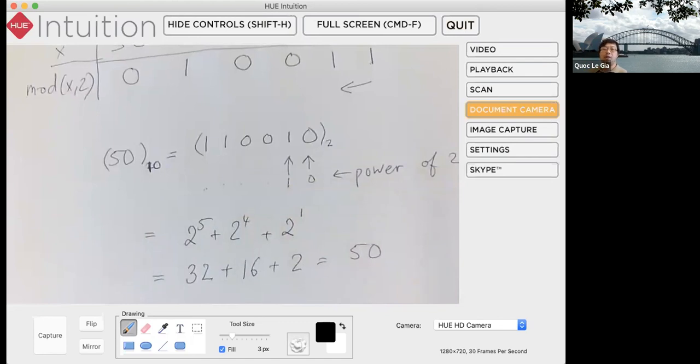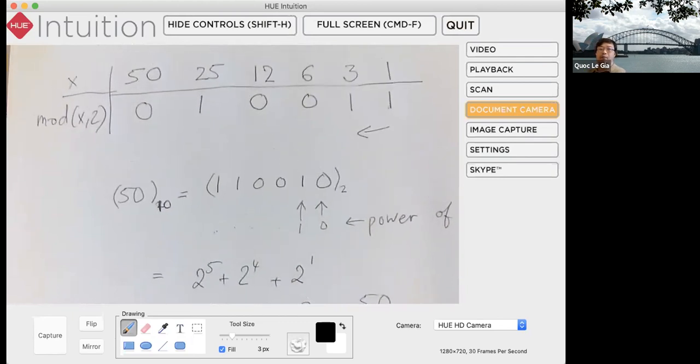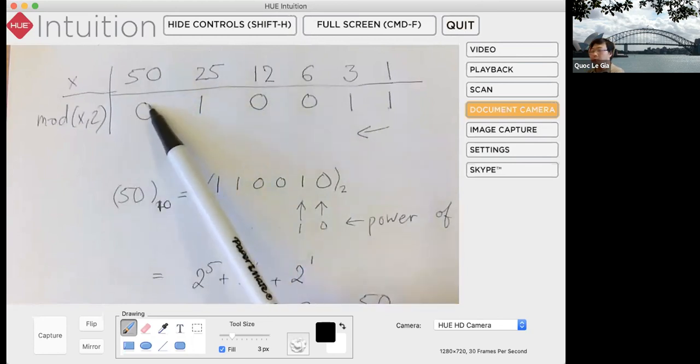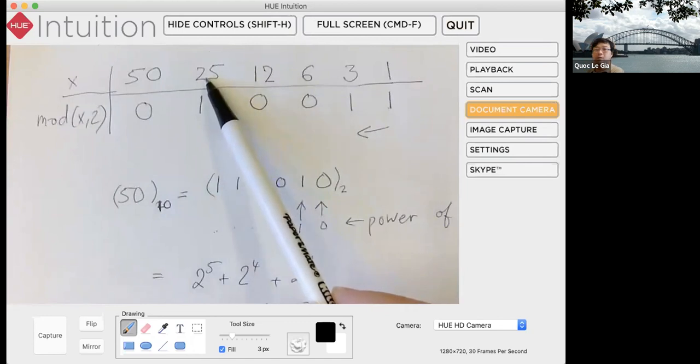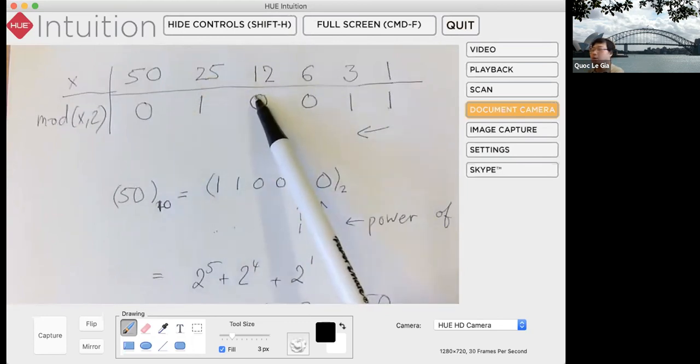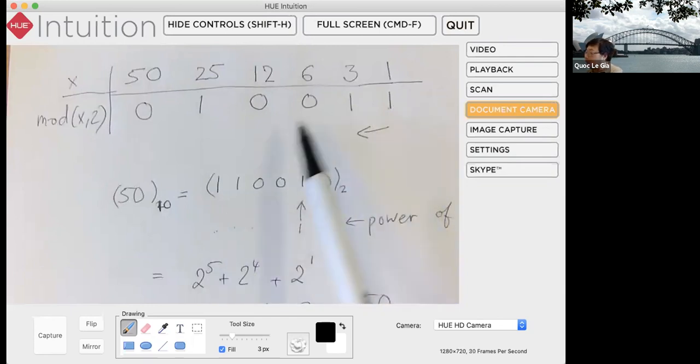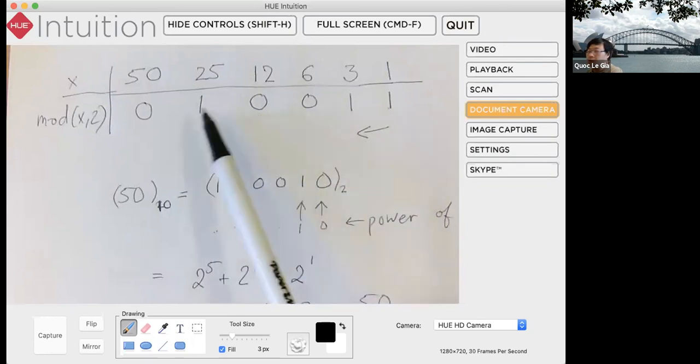Everything clear? You've seen this before, yeah? The algorithm is straightforward. You take 50, divide it by 2, take the remainder, and so on, and then you write the results from the right: 1, 1, 0, 0, 1, 0.